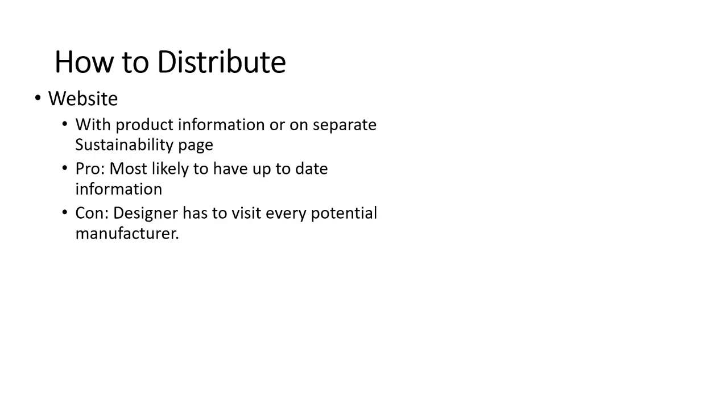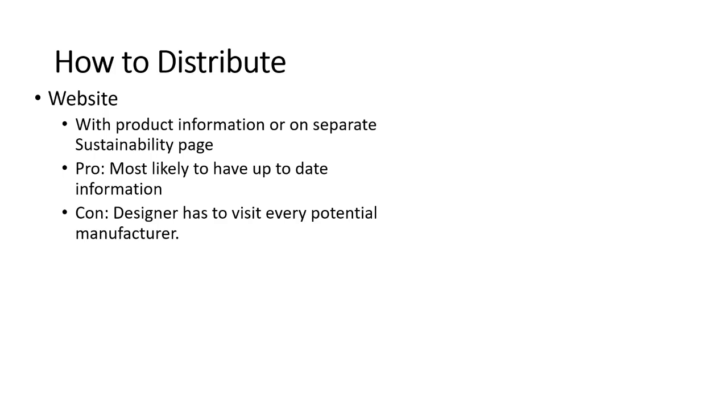As to how to distribute it, most of the manufacturers that we've worked with, or that engineers and architects work with, they do go to the website and they do look for EPDs and HPDs. One of the cons of that is they've pretty much got to go to every single website for every single product or manufacturer that's out there. That does take time.